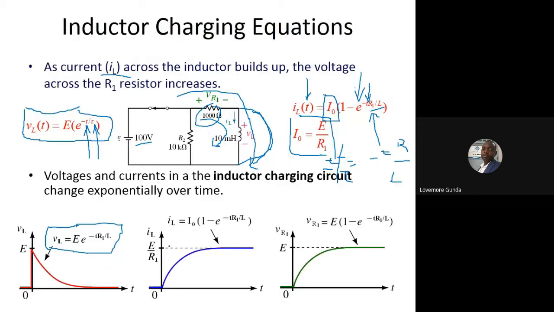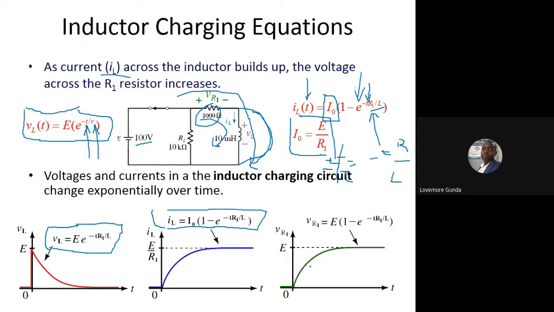Then the current through the inductor increases exponentially during the charging curve, given by the expression I is equal to I naught times 1 minus exponent of minus t over tau, which becomes minus t R over L.